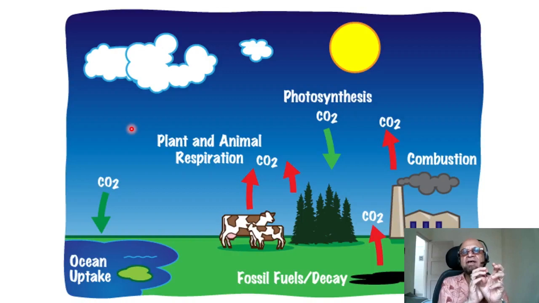CO2 has a global warming or thermal radiation blocking capability of 1. How does methane compare? Is methane the same as CO2 or is it higher? If it's stronger, how much stronger is it? So the number is something like 25 for methane. So methane is 25 times as strong a greenhouse gas.